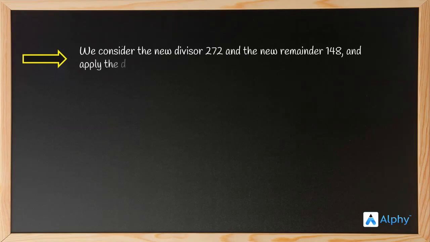We consider the new divisor 272 and the new remainder 148 and apply the lemma to get 272 is equal to 148 into 1 plus 124. As you can see in this step also, we are not getting remainder as 0.